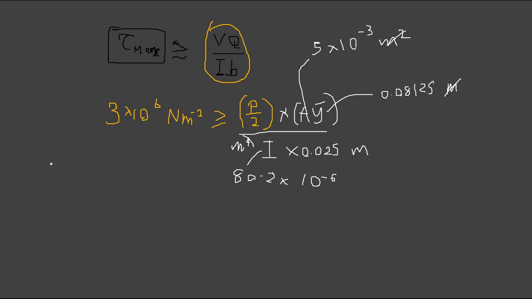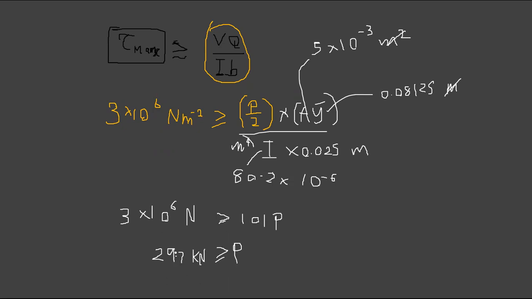So what's the value? If you calculate it, that will give you 101 times P is less than 10 to the power minus 6 newtons, and P should be less than 29.7 kilonewton.